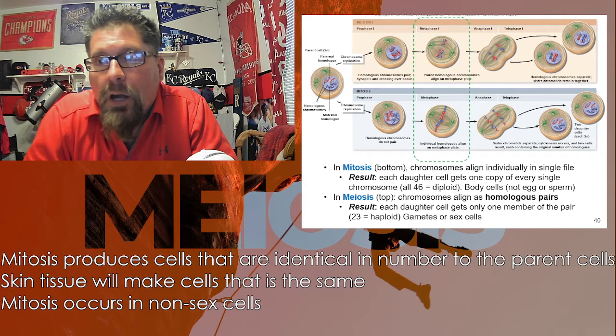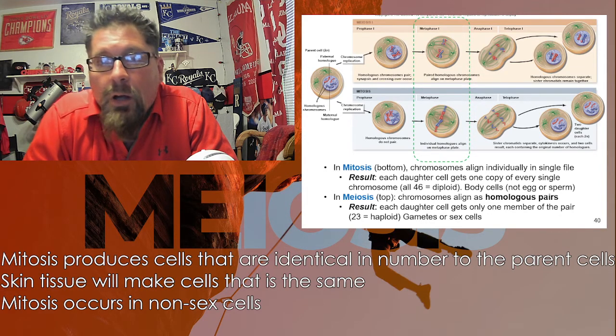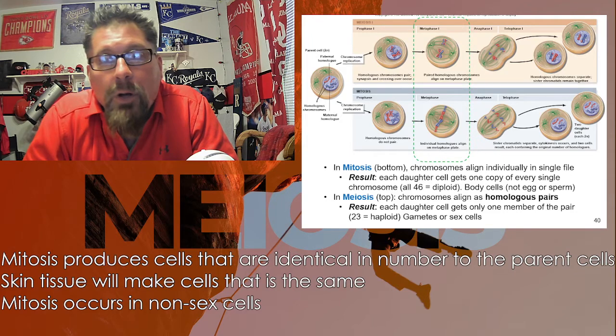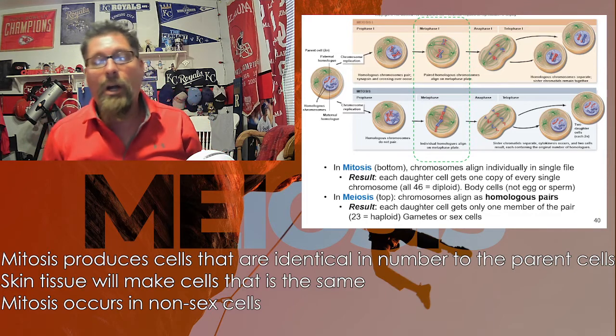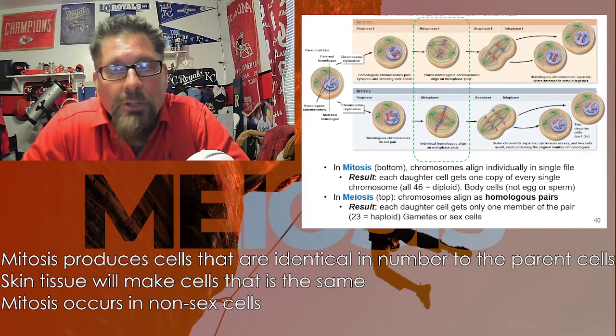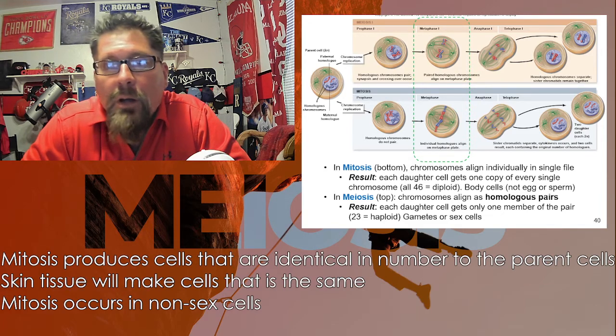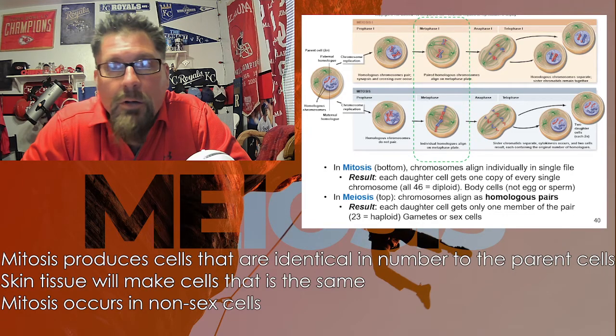You're going through your stages, but when you end, you've got diploid cells. Remember, we're talking about body cells: skin tissue, hair, bone, muscle, whatever it may be. We're talking about things of the body. So we're going to end with a diploid cell.